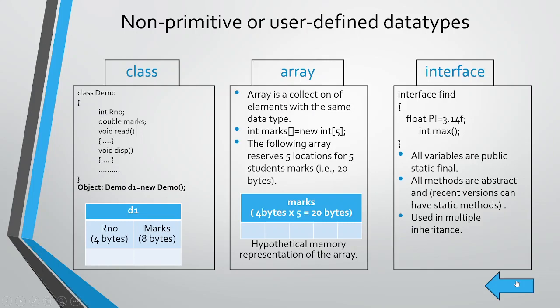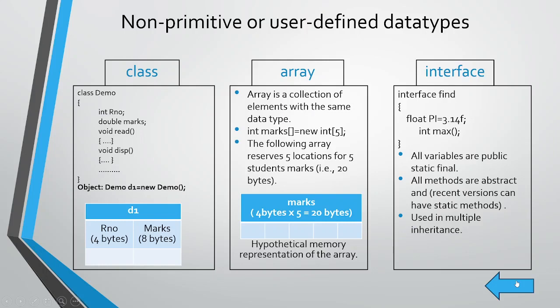Second one is array. Array is a collection of variables which are known as elements. See the example int marks square brackets. If we just write int marks, then it is a simple variable. But marks with square brackets means a collection. How many?